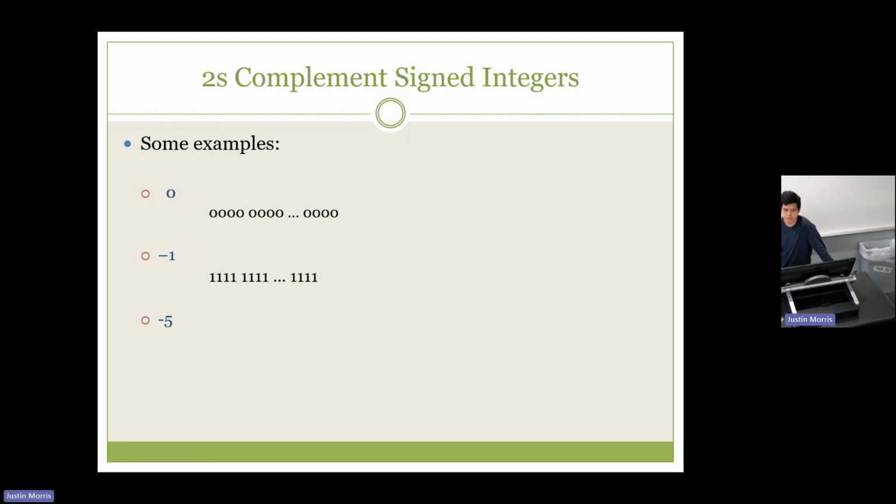Add 1, right? So it is 1 0 1 1. And everything else ahead of it also became 1.